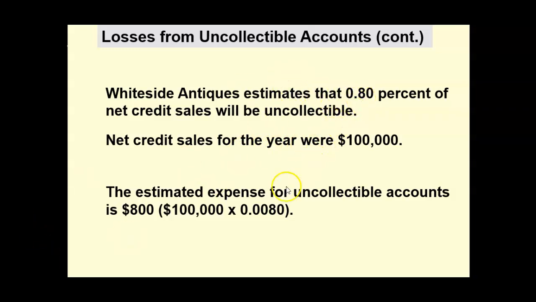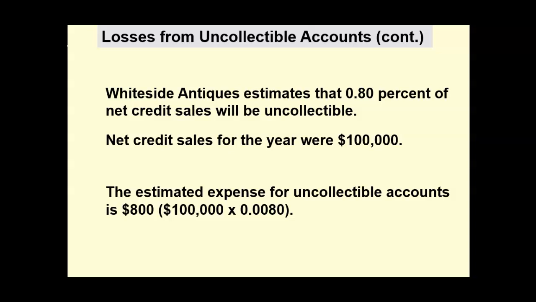Now, 0.8% is 0.008 as a decimal. So you multiply your credit sales times the percentage, it would give us $800.